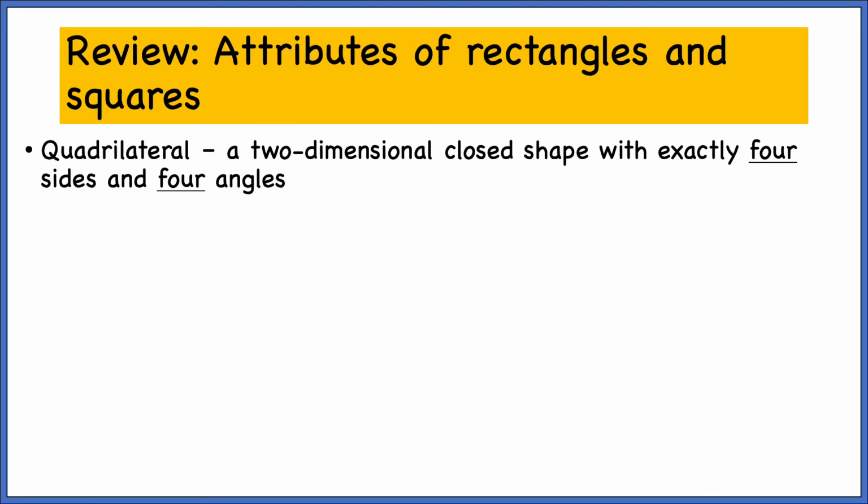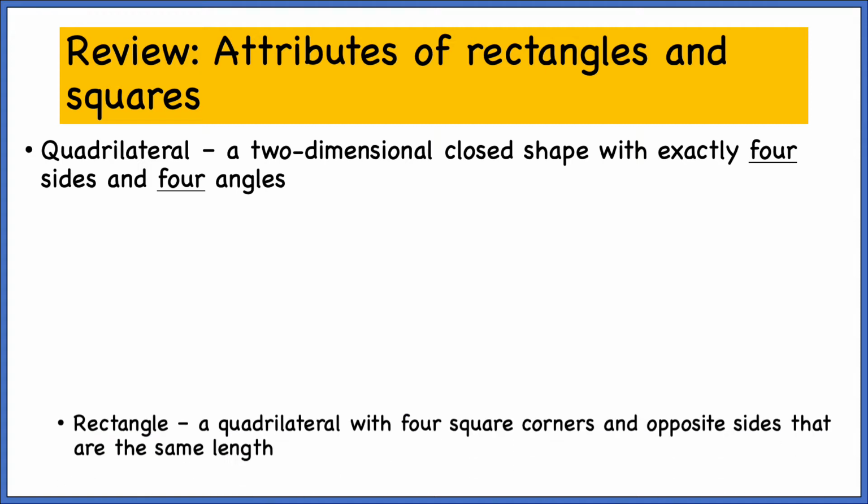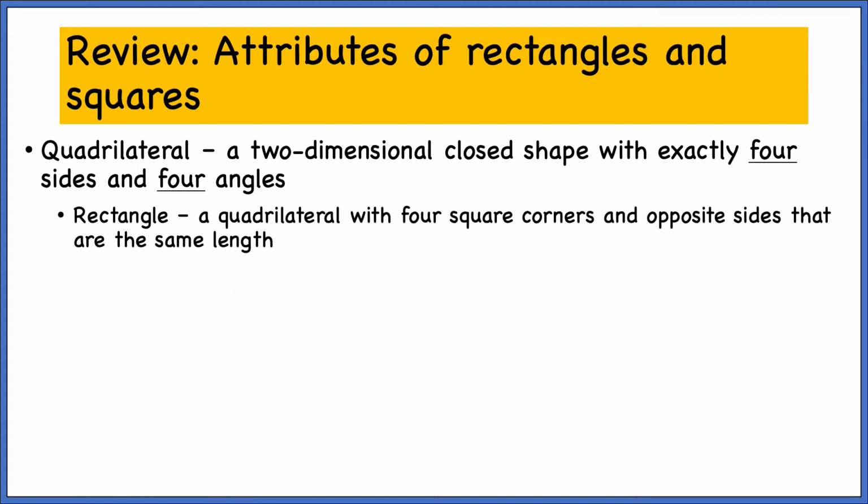I also want to review the attributes of rectangles and squares. Rectangles and squares are both quadrilaterals. That is, they are two-dimensional closed shapes with exactly 4 sides and 4 angles. A rectangle has 4 sides and 4 angles.